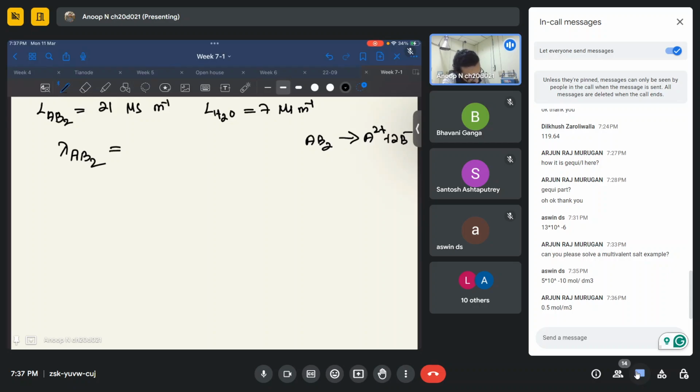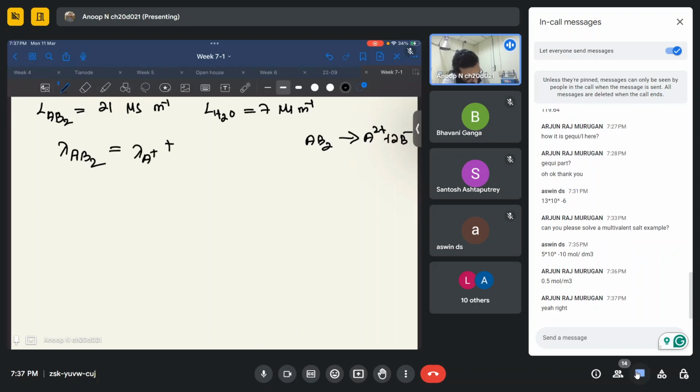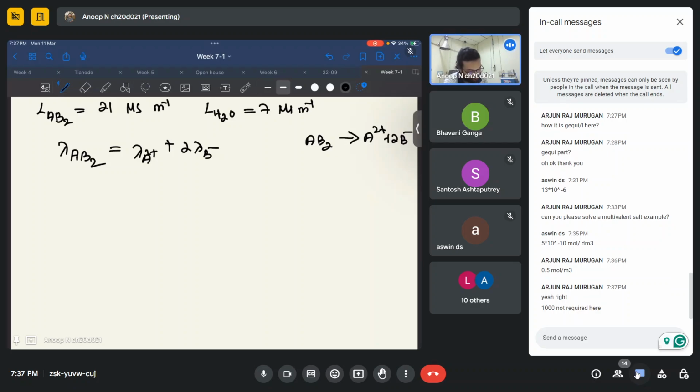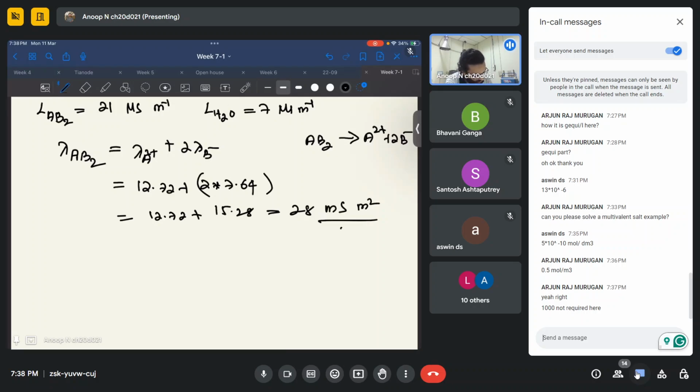So I can write lambda of A2 plus plus 2 into lambda of B minus, which can be written as 12.72 plus 2 into 7.64, which is 12.72 plus 15.28, which is nothing but 28 millisiemens meter squared per mole.